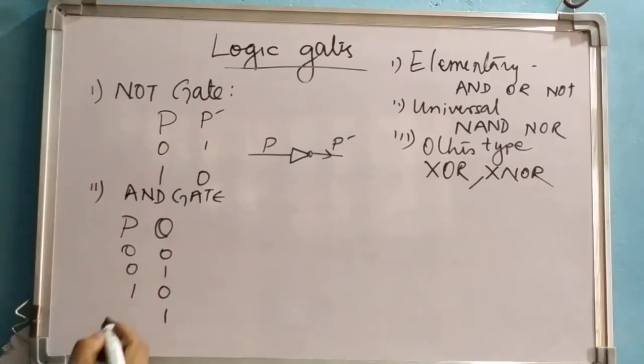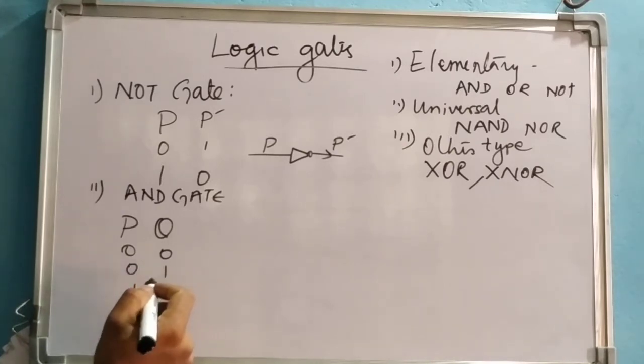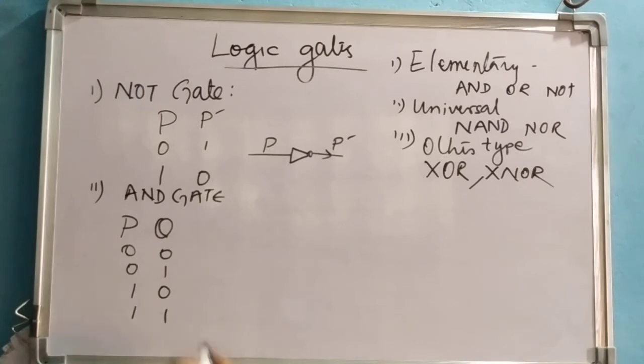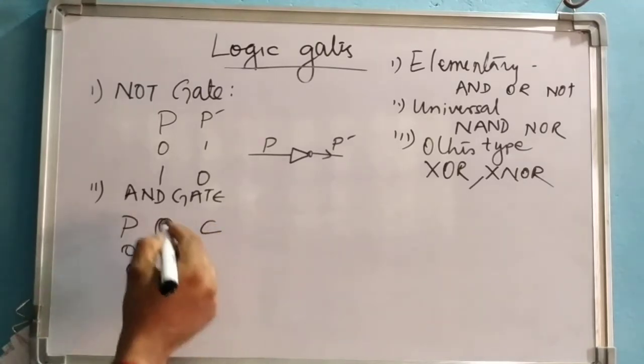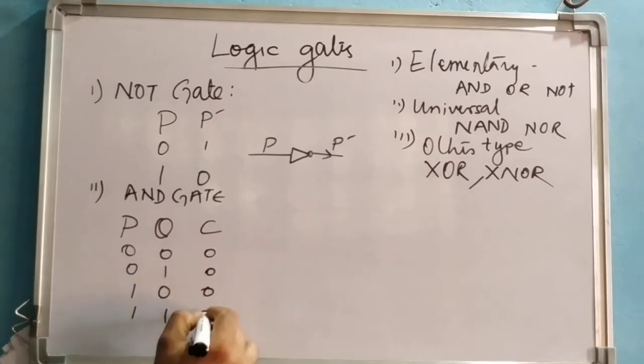The last one is where both are true. Both are false, one is true, another is true, and both are true. In the AND gate, if both are true, then it returns true. So this is the truth table.